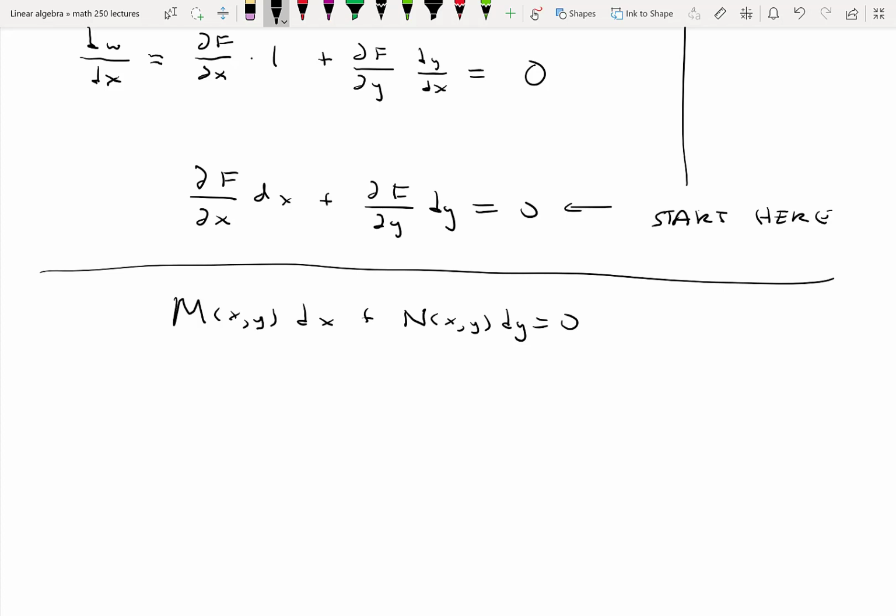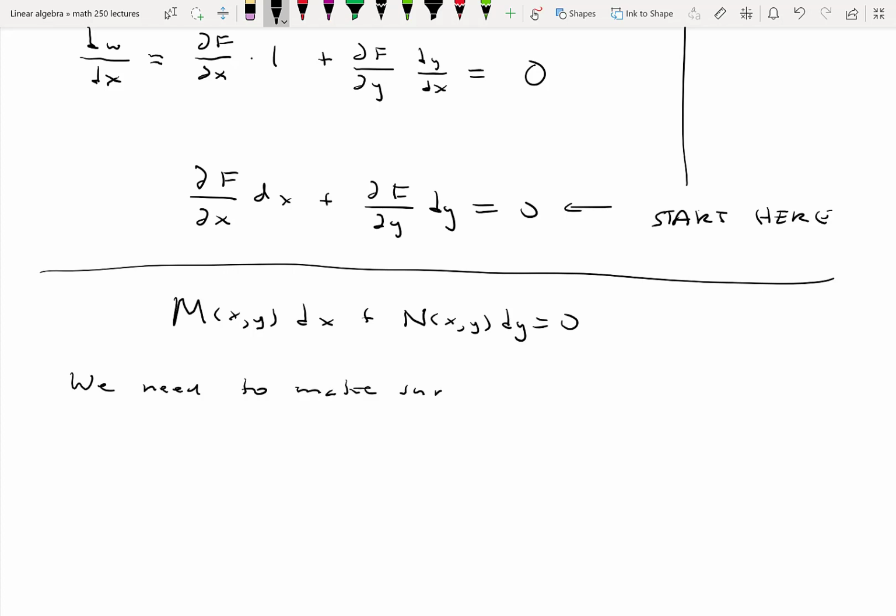Before we even get started, we need to make sure that M and N are derivatives of some master function, solution function, f. First coefficient with respect to x, second with respect to y. If you didn't catch what I just said, it's kind of complicated.